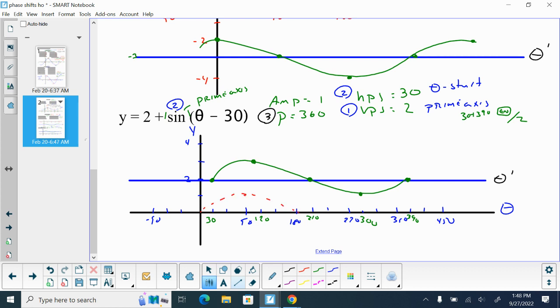I'm taking my graph and sliding to the right 30 degrees, and then up 2 units. Now let me do it. We go to the right 30 degrees and then up 2 units. And that's our idea of a phase shift.